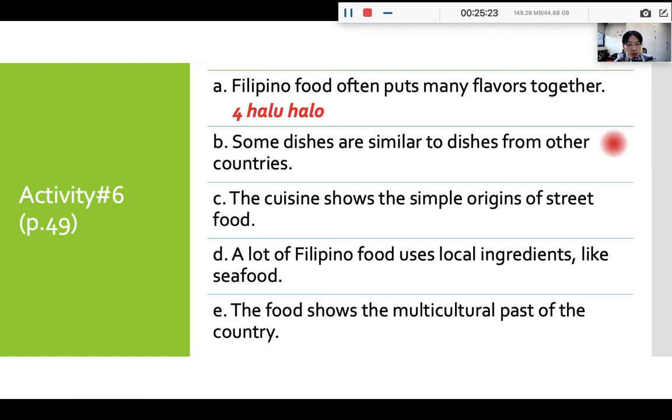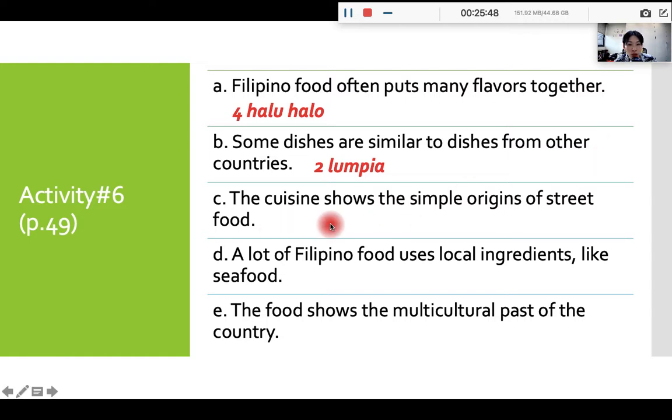Halo-halo. For each bite, you have different ingredients. Very flavorful. B, some dishes are similar to dishes from other countries. So in which dish can we see influences from other countries? 2, lumpia, right? Similar to the spring roll.